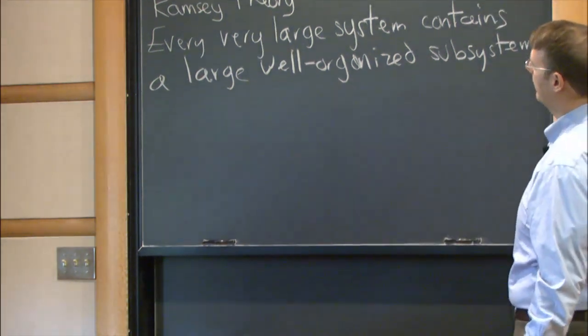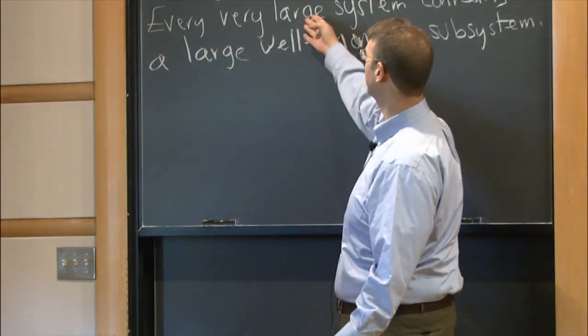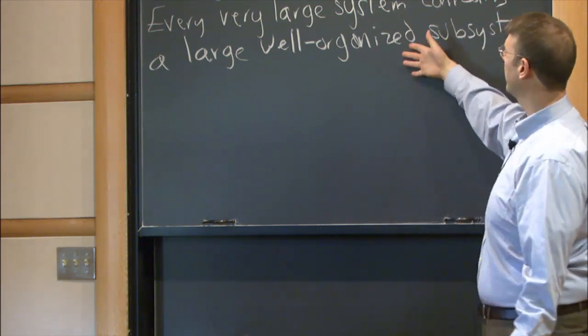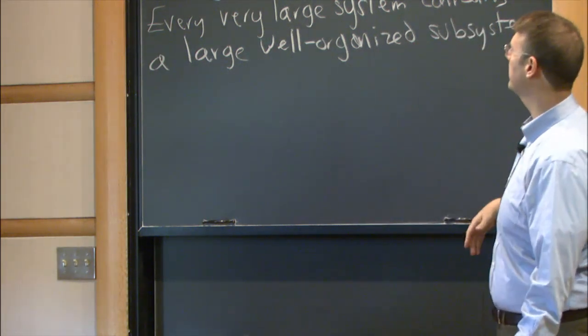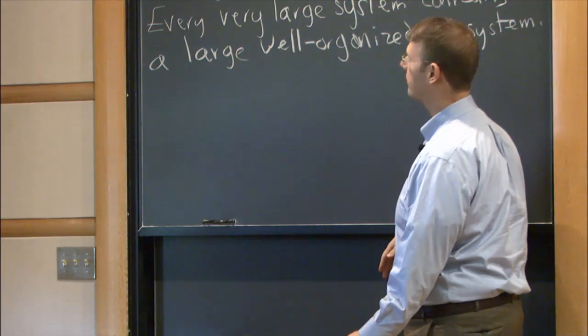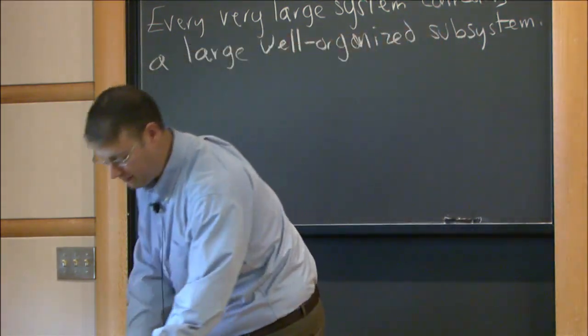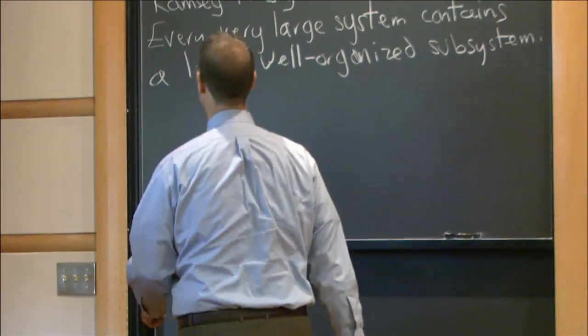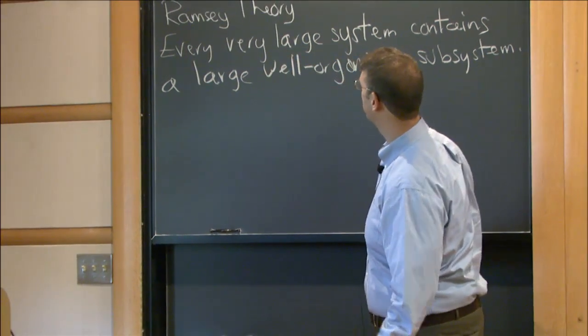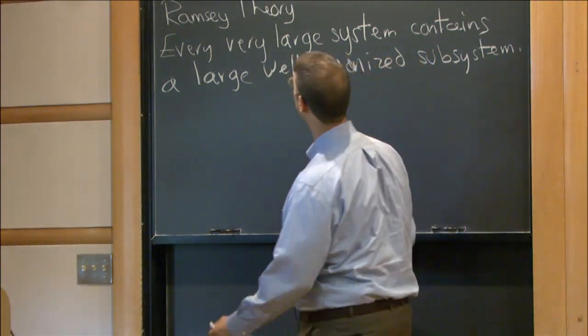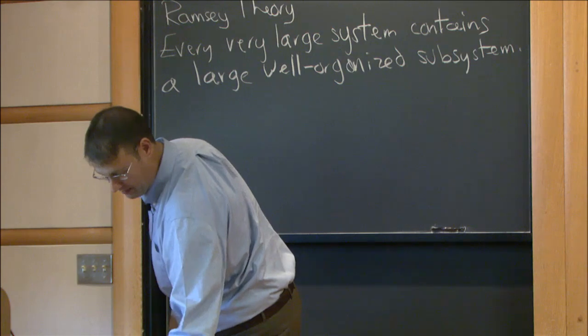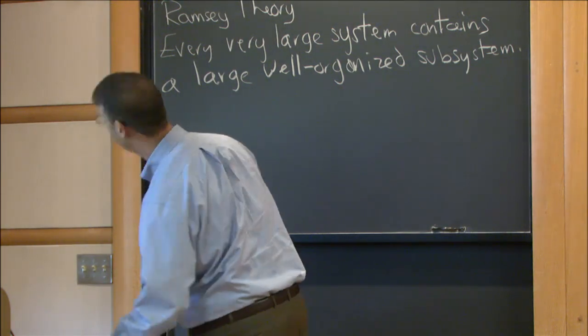And how very large you need to get a certain nice pattern, a nice well-organized subsystem, is quantified through Ramsey numbers. So I'll talk about a survey on some recent results and problems on Ramsey numbers.